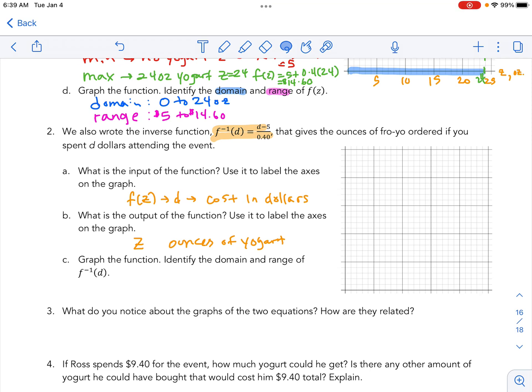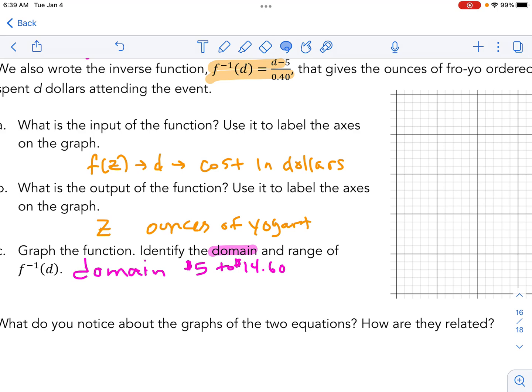So now, if we talk about the domain, I think I'm going to do just a rewrite here. So now the domain, I'm going to also flip my colors. Now the domain is the cost, the money. So I'll come up here and duplicate this expression. The domain is the cost now. That becomes our input.